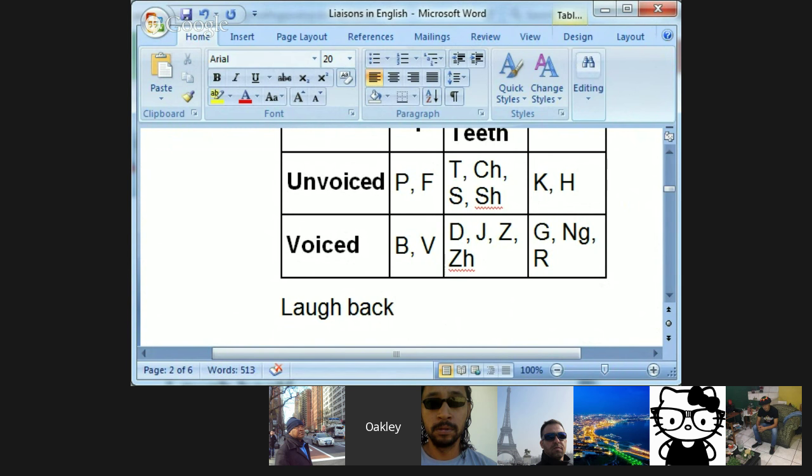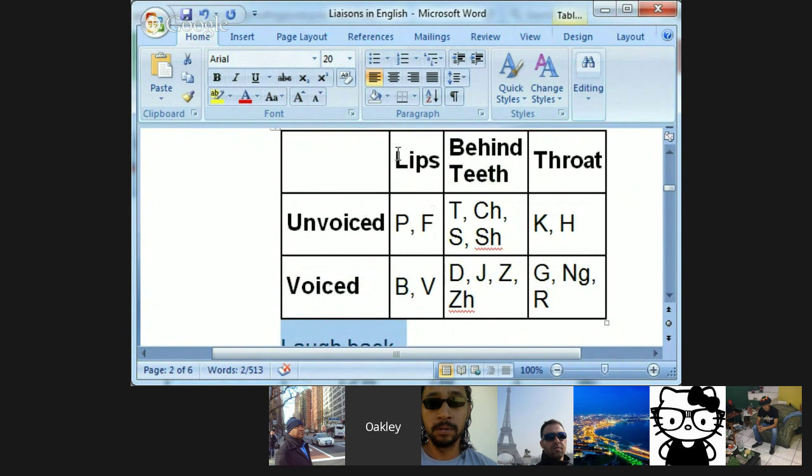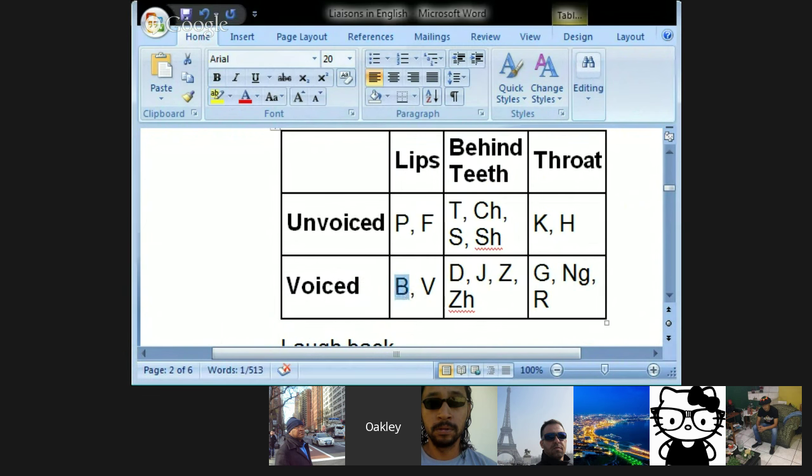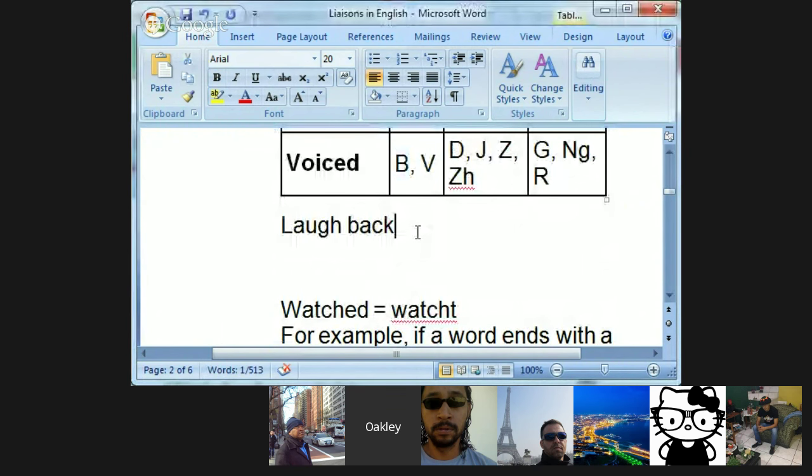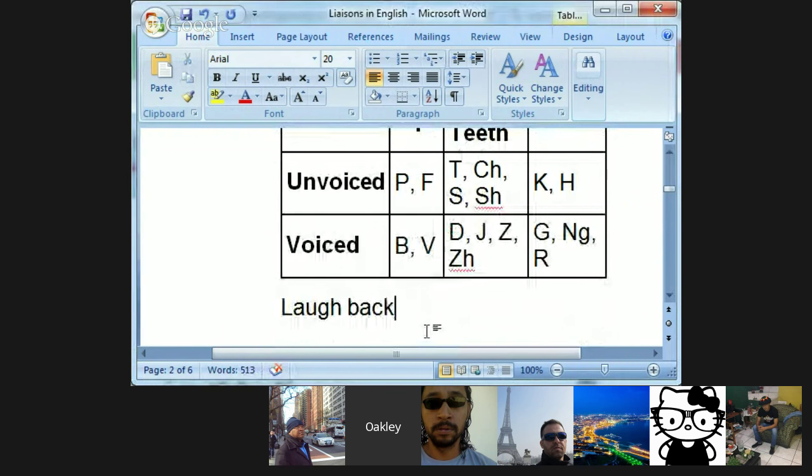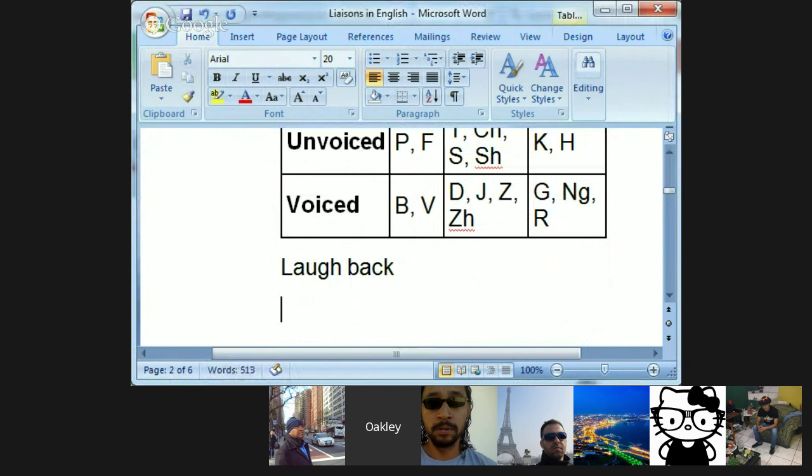They may not even make sense, but I just want to hear your blending. So, Bear, try this one. "Laugh back. Laugh back." Okay. All right, those kind of lip sounds are very easy to join from one to the other.